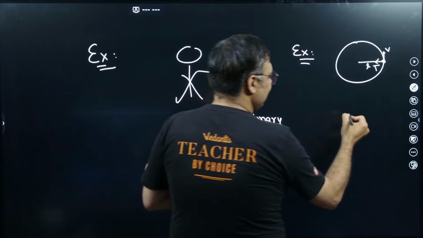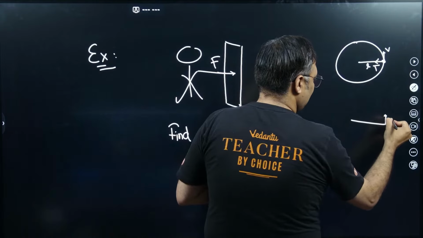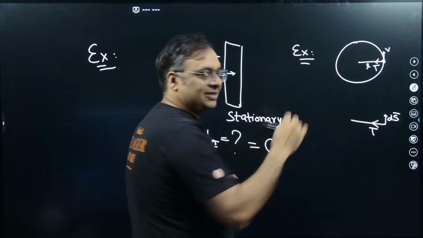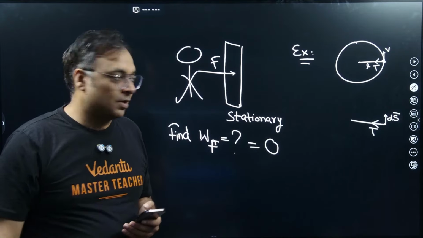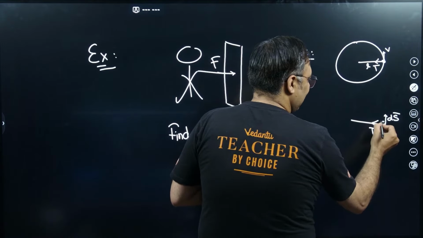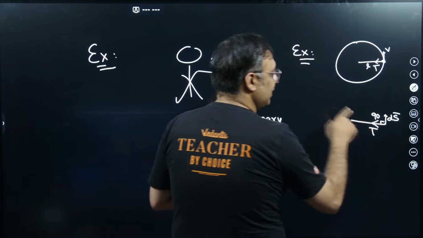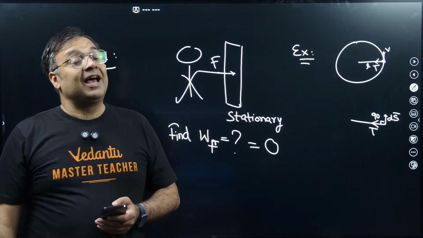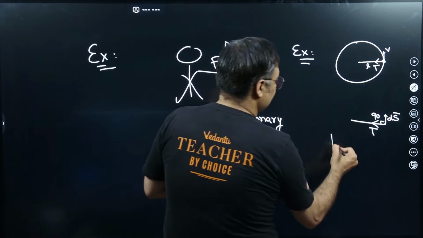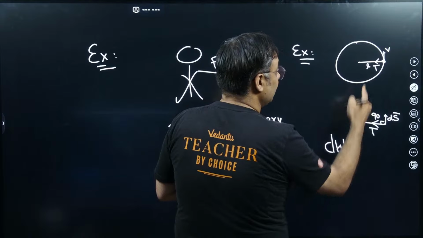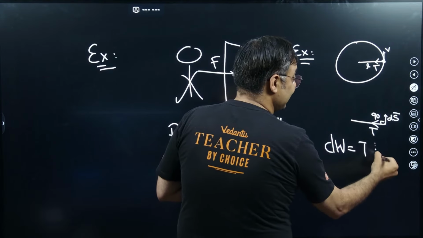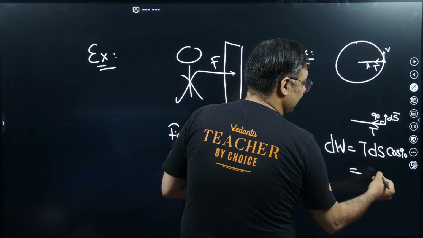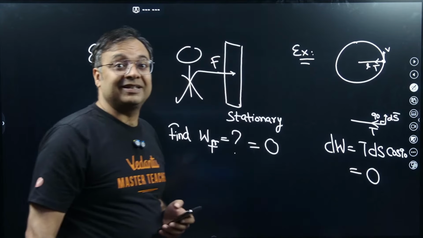And at any instant, the small displacement of this particle is along the tangent. So the angle between the force vector and the small displacement vector is 90 degrees. Therefore the work done by tension on this particle is given by T ds cos 90, and this becomes 0 because cos 90 is 0.